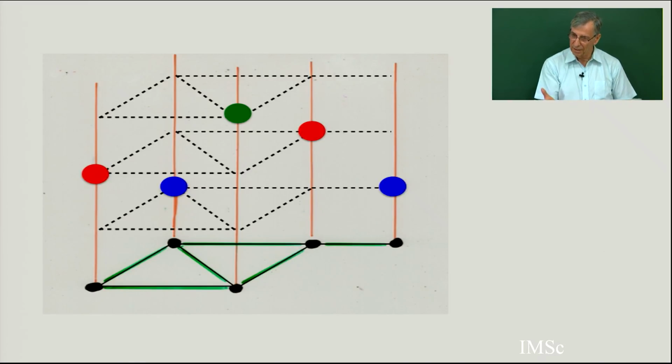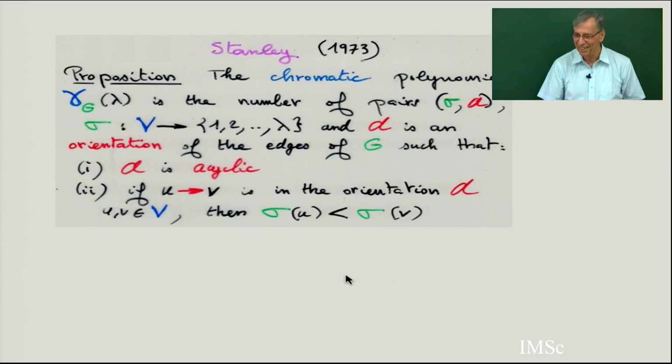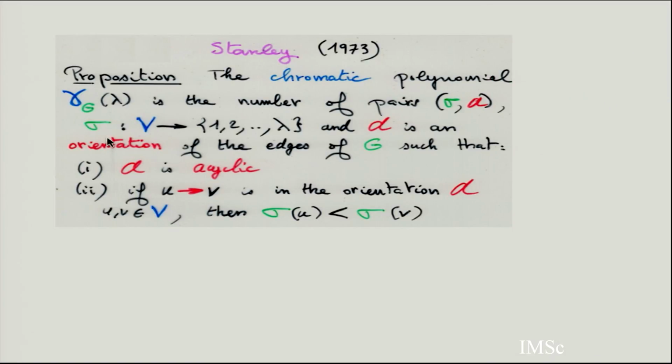In fact, this idea of transforming the coloring into a kind of poset is in the paper of Stanley. The first page of the historical paper of Stanley, the chromatic polynomial, he gives this interpretation as a number of pairs sigma, A, where sigma is a map from the vertices of the graph to 1, 2, until lambda.